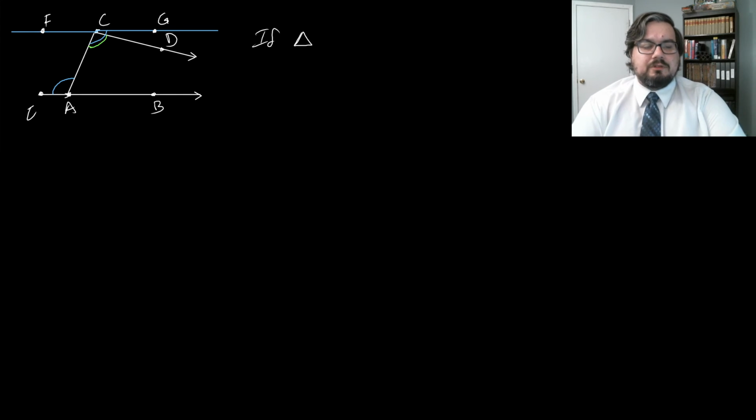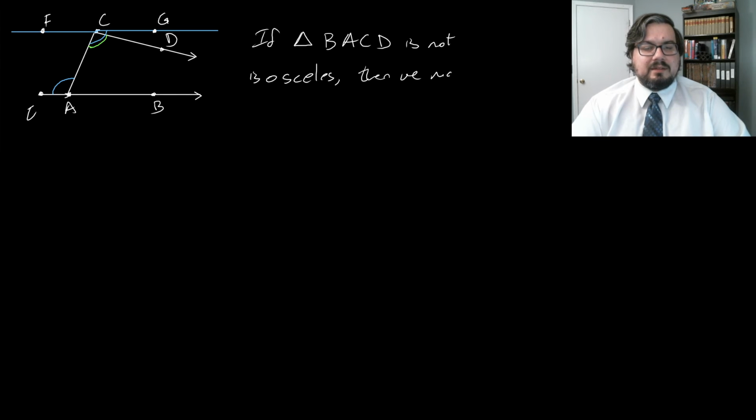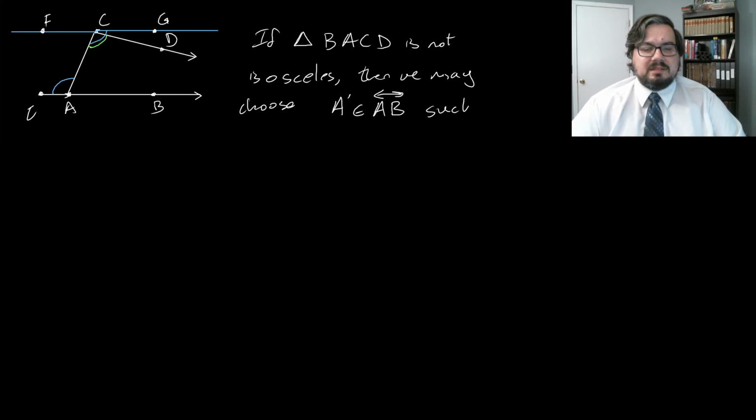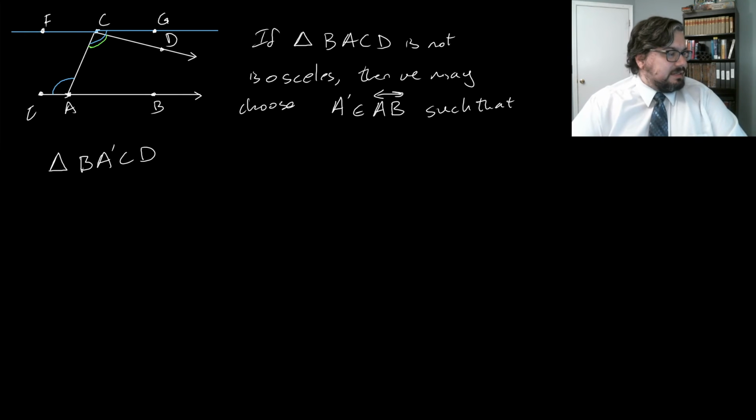If the triangle BACD is not isosceles, then we may choose a point A prime in the line AB such that the triangle BA prime CD is isosceles.